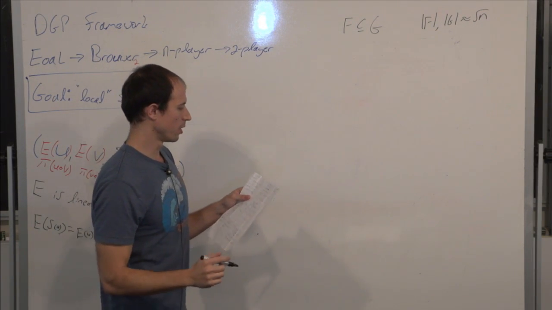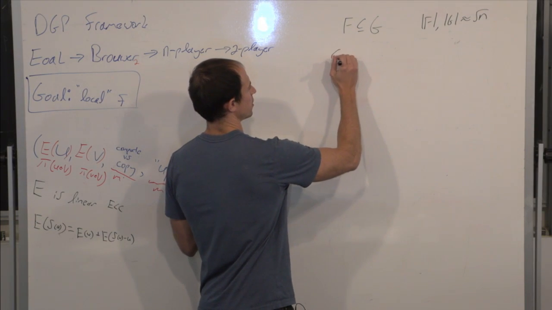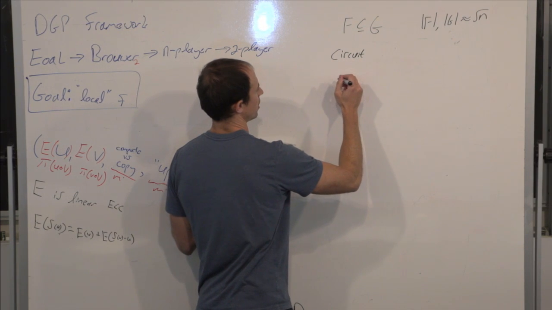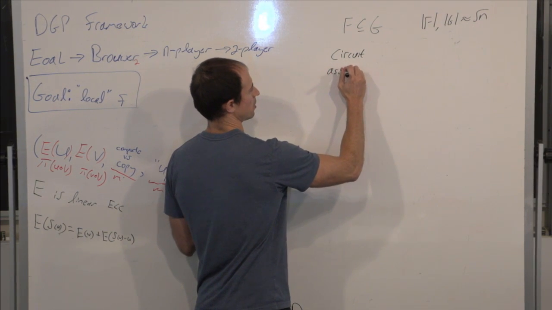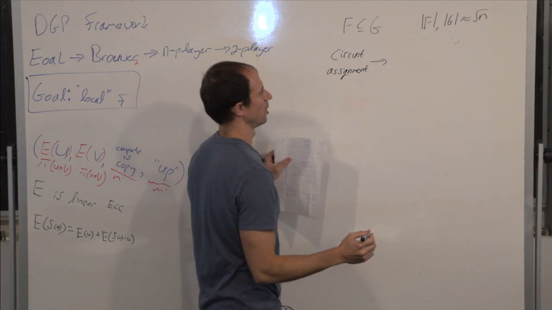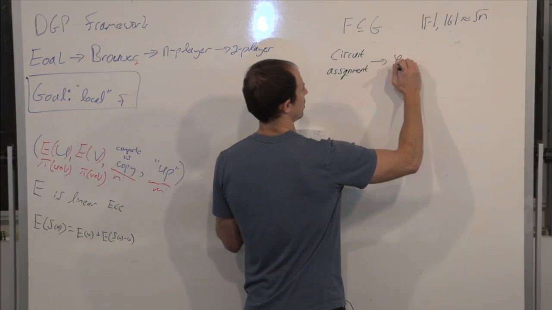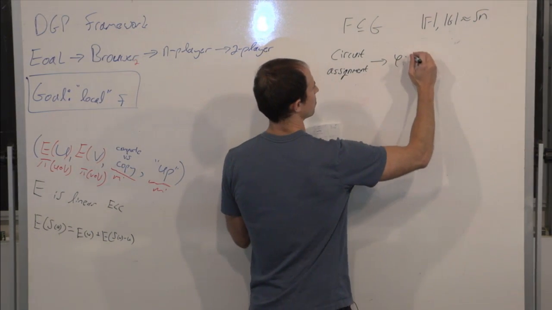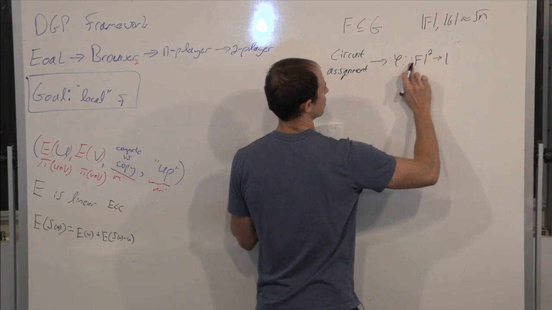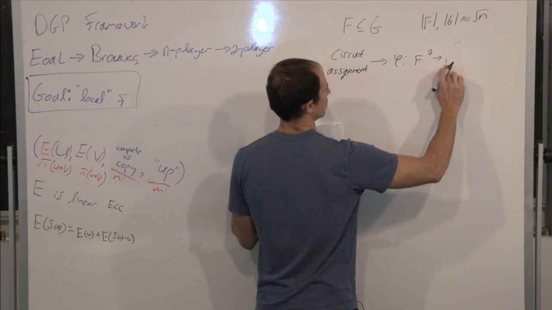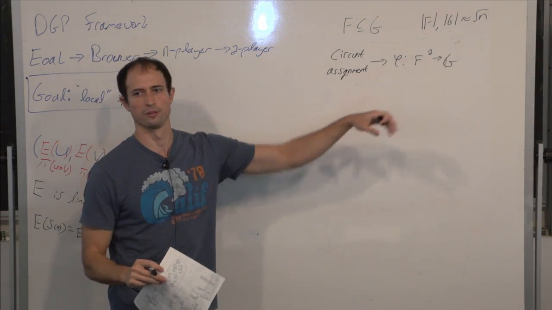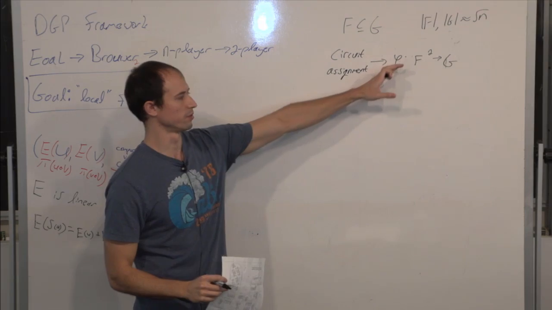Now I have my circuit, which can be any P circuit, but in particular it's AC0, and I have some assignment, and I'll write them as a polynomial from F squared to G. So there is some encoding of the circuit assignment as a polynomial from F squared to G.